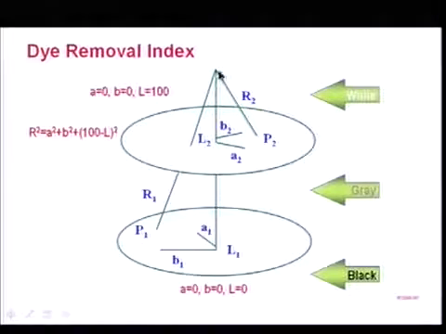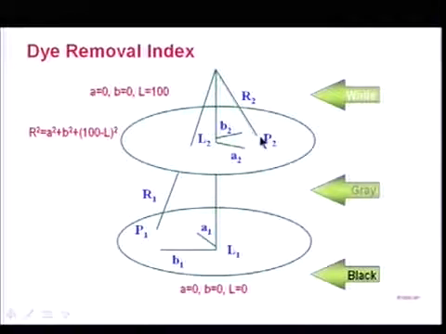On the top, what you have is the point of ideal bleach. This is that white color sheet of 100 brightness, 100 L value. Color value A is 0, B is 0. This length here, unbleached to point of ideal bleach, is represented by R1.